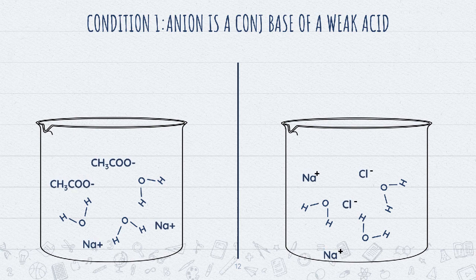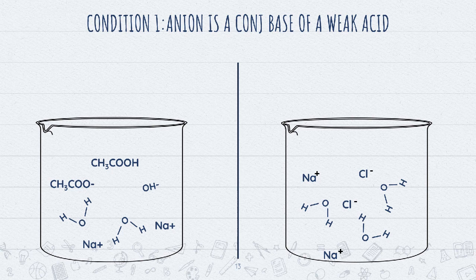Okay, so when dissolved in water, let's focus on the left first. Since ethanoate is a strong conjugate base, or a strong base itself, it is able to deprotonate water, and as a result we get a bit of ethanoic acid as well as a low concentration of OH minus ions.